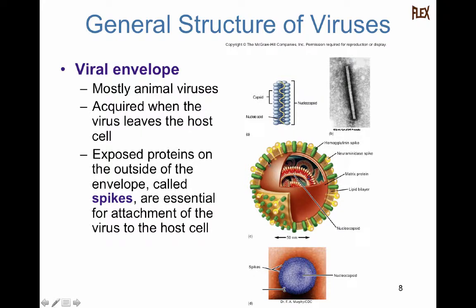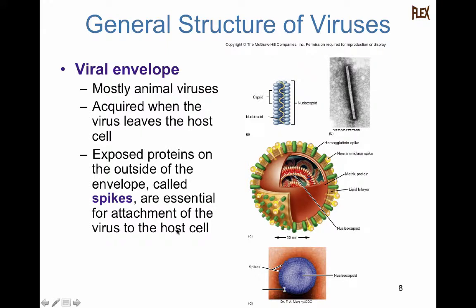You also may find on the surface of the virus these protein components that we call spikes. If you see spikes on the surface of the virus, these are the structures that the virus will use to attach to whatever cell it is invading.